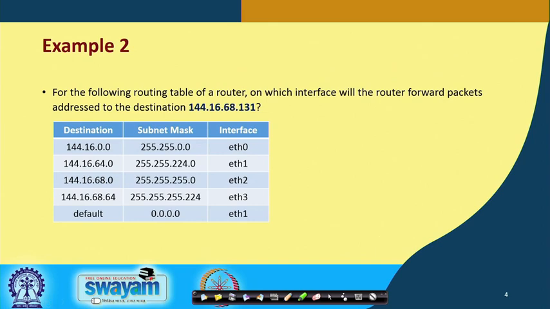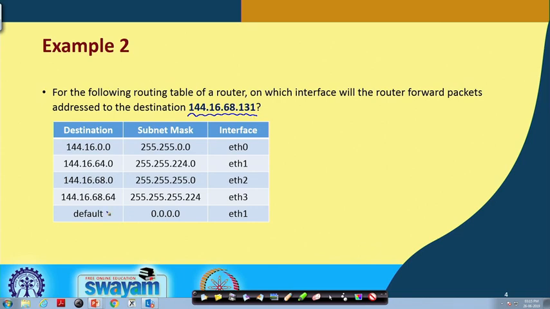This is a very similar example. Here I have assumed that the routing table is given, here there are 5 entries, and here again an IP packet is coming whose destination address is 144.16.68.131. Let us look one by one where the matches are coming.